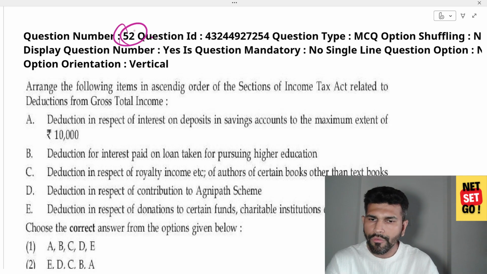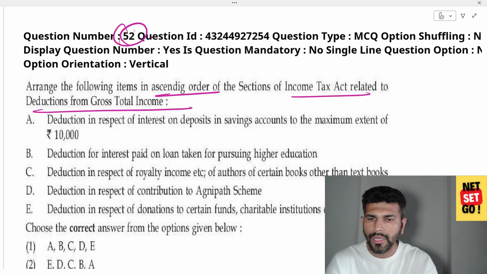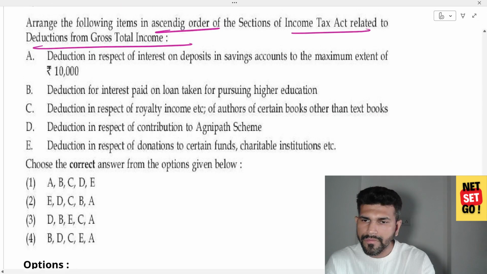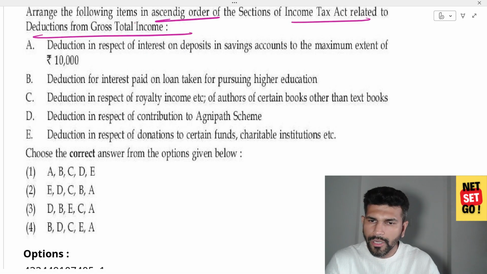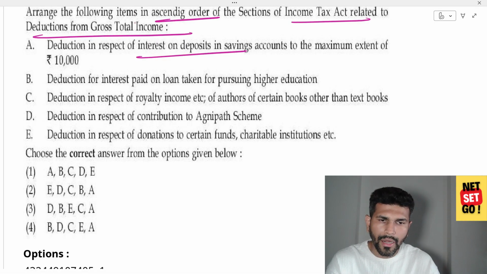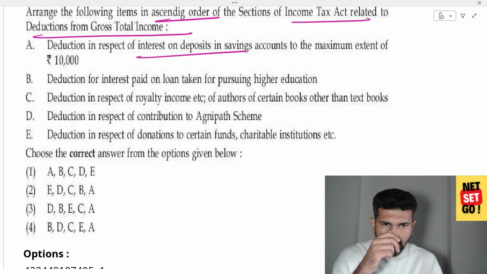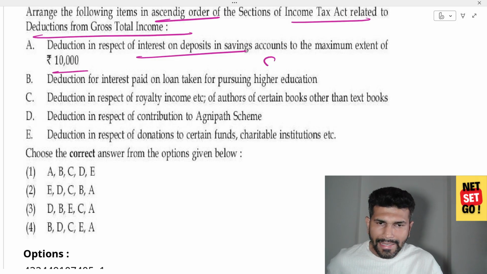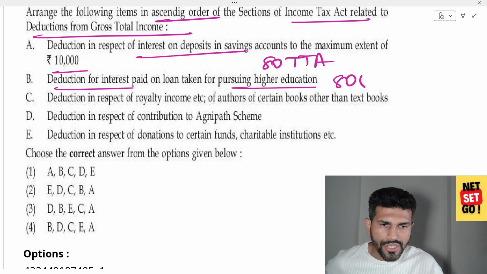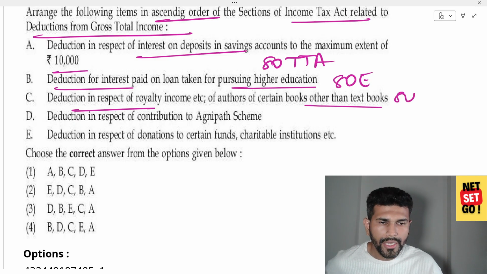Next, arrange the following items in ascending order of the section of the Income Tax Act related to deduction from gross total income. Deduction in respect of interest on deposit in savings bank account to the maximum extent of 10,000 rupees, 80TTA. Deduction for interest paid on loan taken for pursuing higher education, 80E. Deduction in respect of royalty income of authors of certain books, 80QQB.